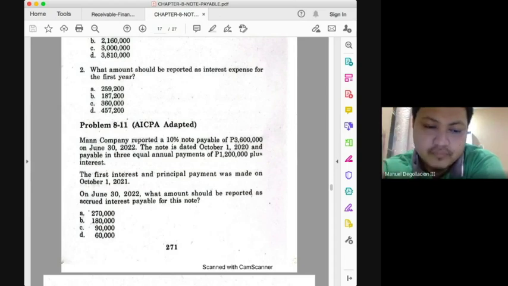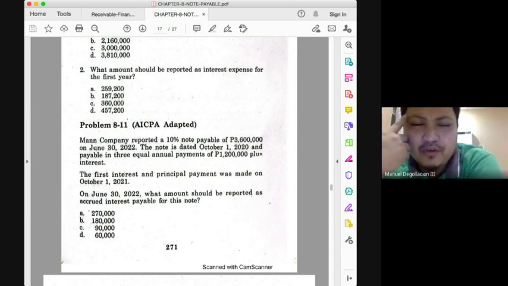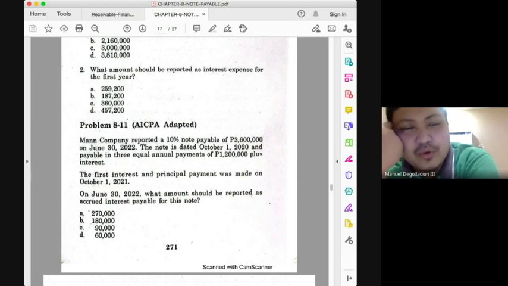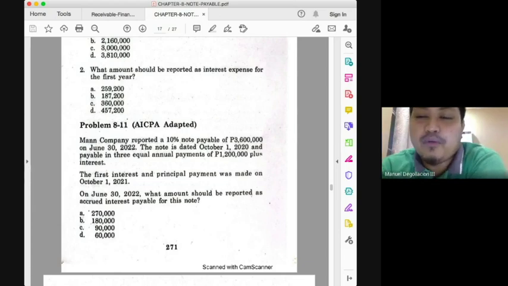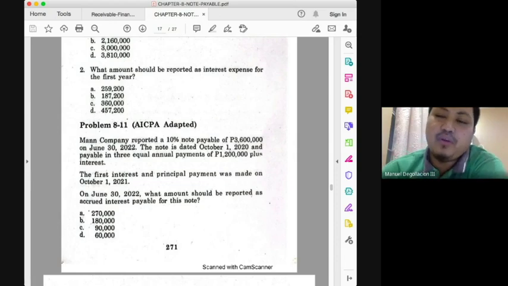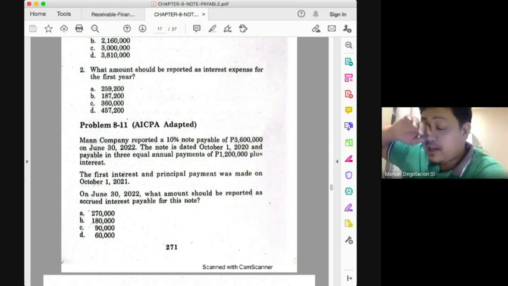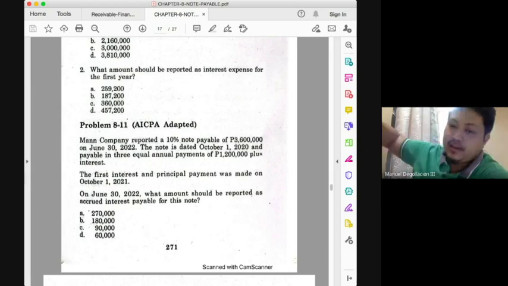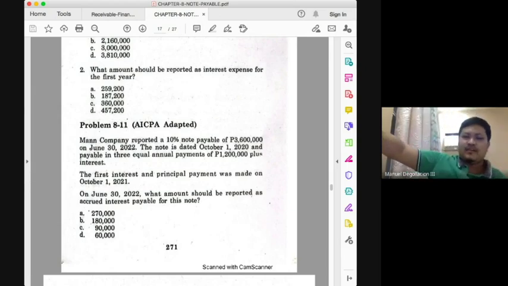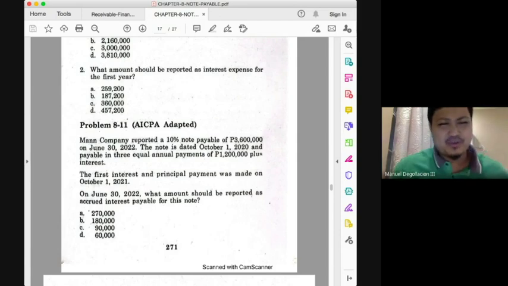Then the same thing will happen for the third year. It will go down further because by October 1, 2022, you will also be making another principal payment of 1,200,000, making the remaining principal balance only 1,200,000. So it will only be the third or final 1,200,000 that will earn interest for the third year. But that's outside the scope of the question already. We're only asked for June 30, 2022.